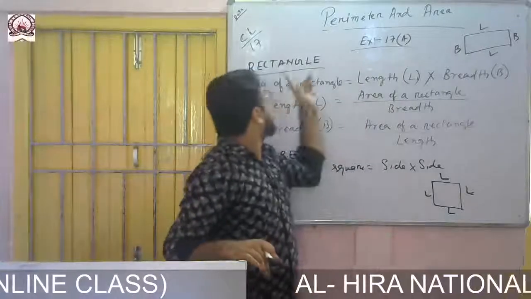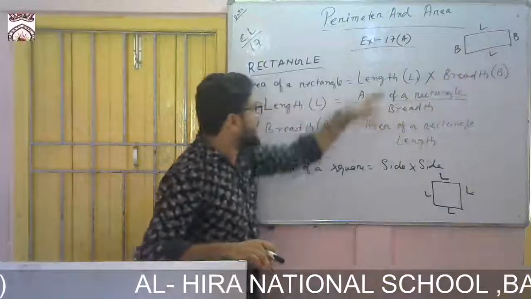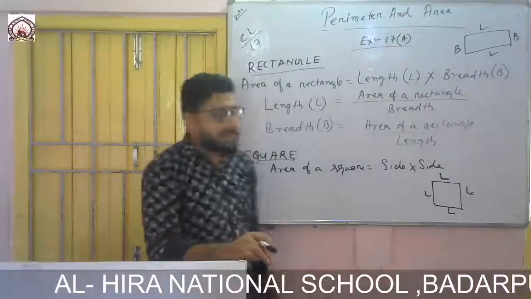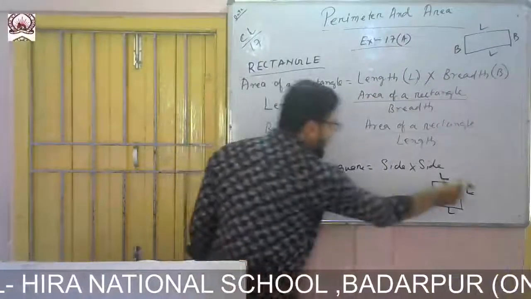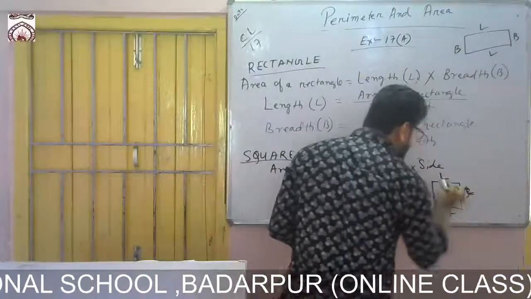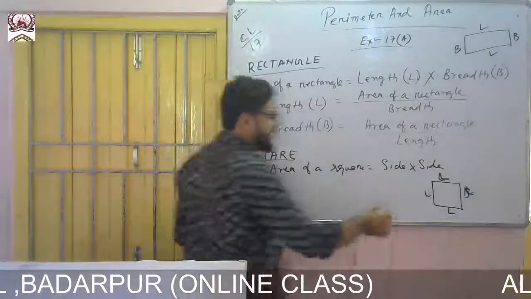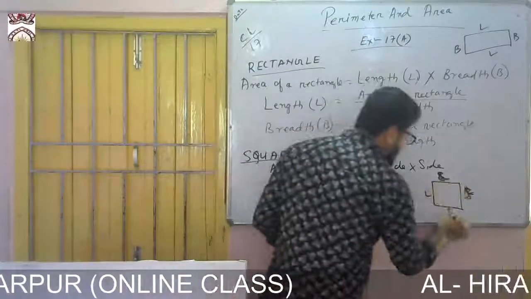In case of rectangle, one length is there and one breadth is there, so we wrote the formula length into breadth. But in case of square, all are the same. If this is length and this is breadth, all are the same in a square.